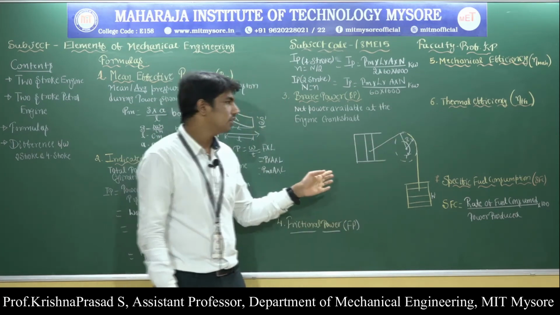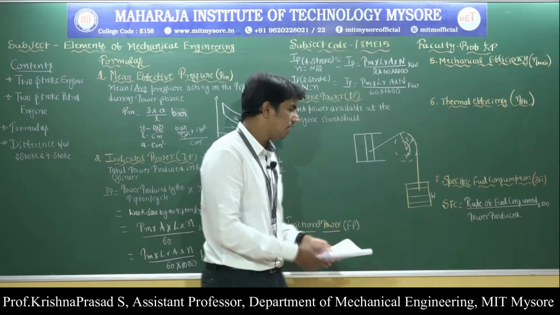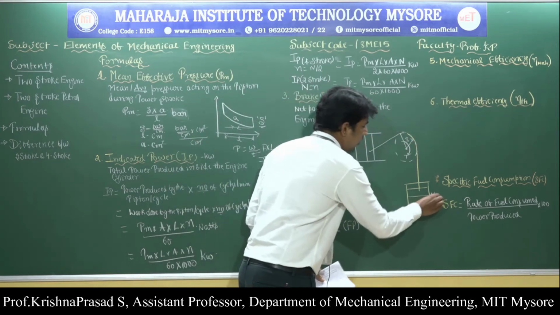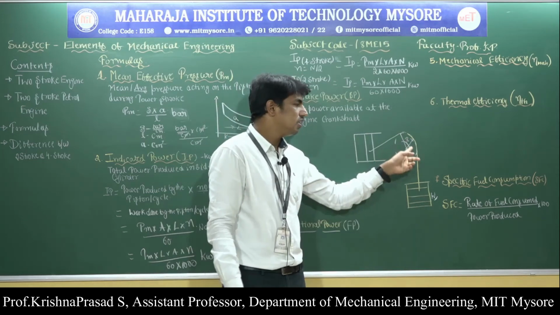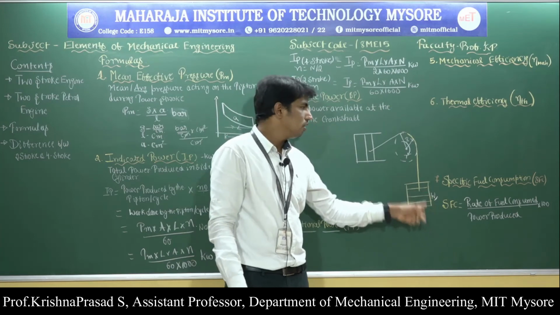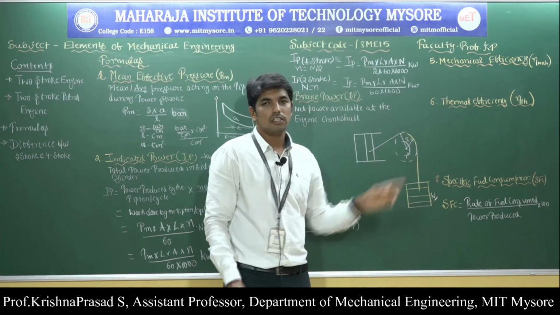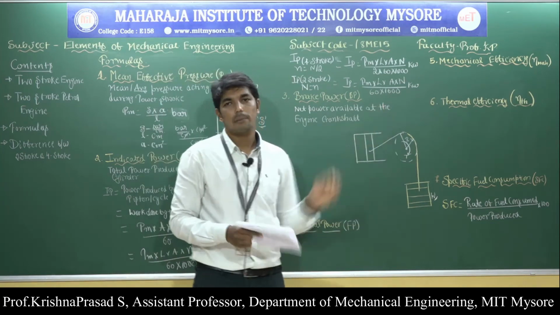In the experimental setup, the engine crankshaft is connected to the dead weight, which has the weight W. By increasing the weight W, the speed of the engine crankshaft reduces. At what weight the engine crankshaft is completely stopped, that will be considered for the calculation of the brake power.